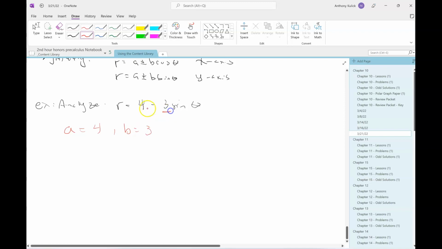Notice that the A and B values are always positive, even though there's a sign in front of it. That sign's part of the formula, not part of the A and B value. So what we have is a limaçon curve.